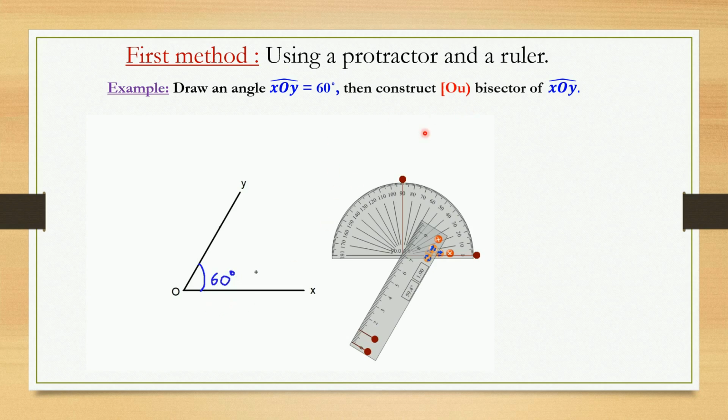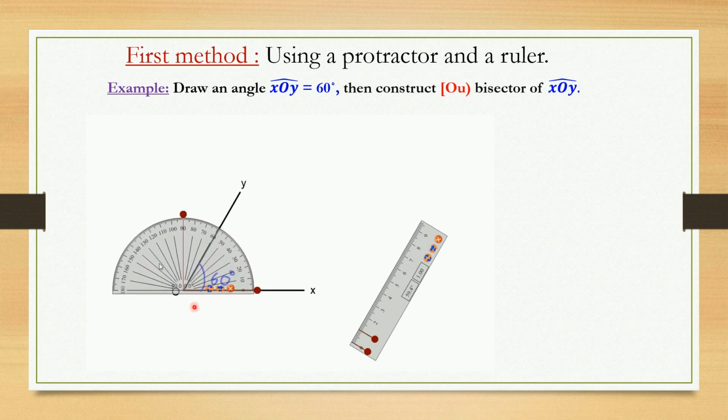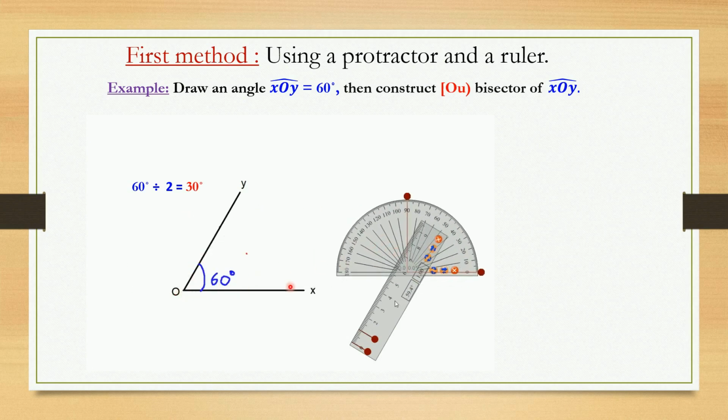Now to draw the bisector OU, it will divide XOY into two equal adjacent angles. So I ask myself, what is the half of 60? It's 30 degrees. Then I count from 0 to 30 by placing my protractor first on OX, 0 on OX. Then I draw the semi-line OU such that angle XOU should be equal to, of course, 30 degrees.